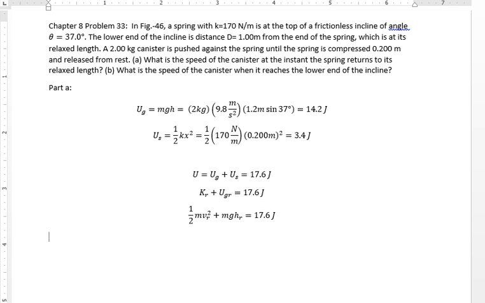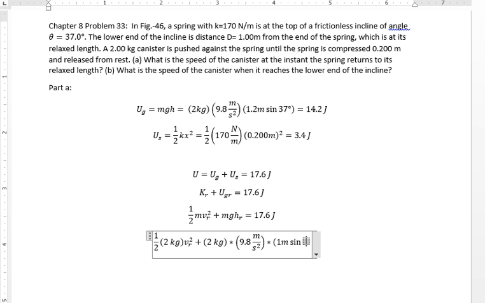So this is 1/2 times the mass, 2 kilograms, times v at the release point squared, plus 2 kilograms times 9.8 meters per second squared times 1 meter times the sine of 37 degrees, equals 17.6 joules.